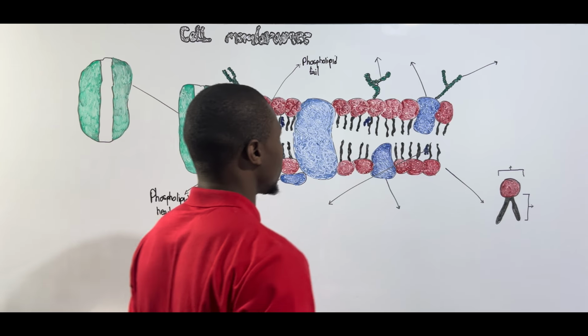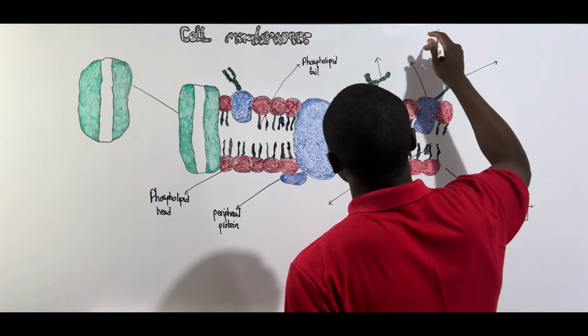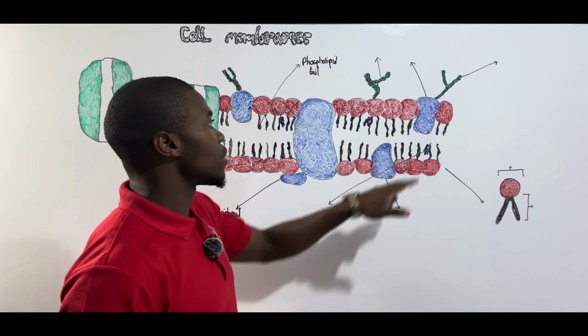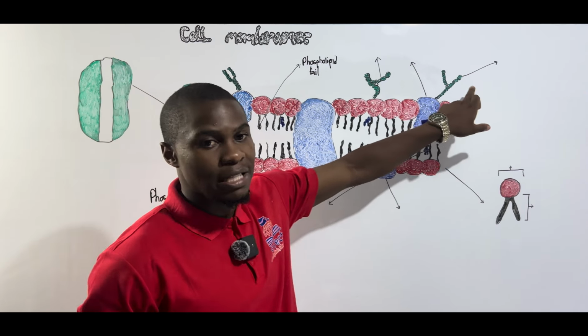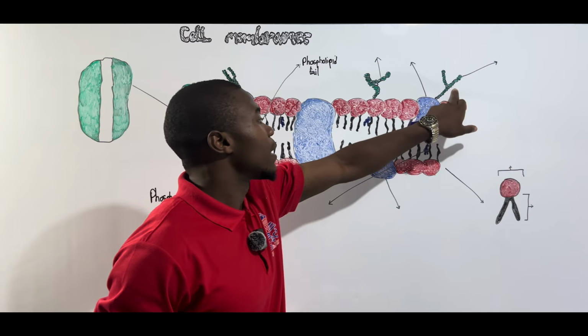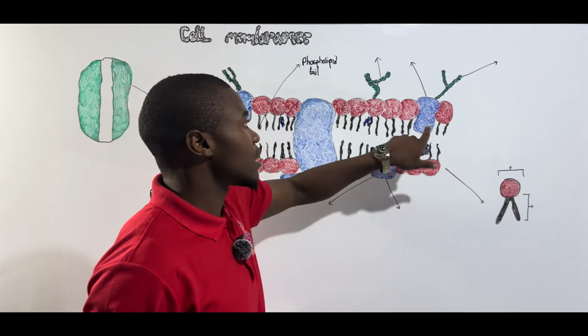We also have this one, which is a protein, but if you look at it carefully, it's a protein that is attached to another side chain. That side chain is a carbohydrate chain, a short carbohydrate chain that is attached to a protein.